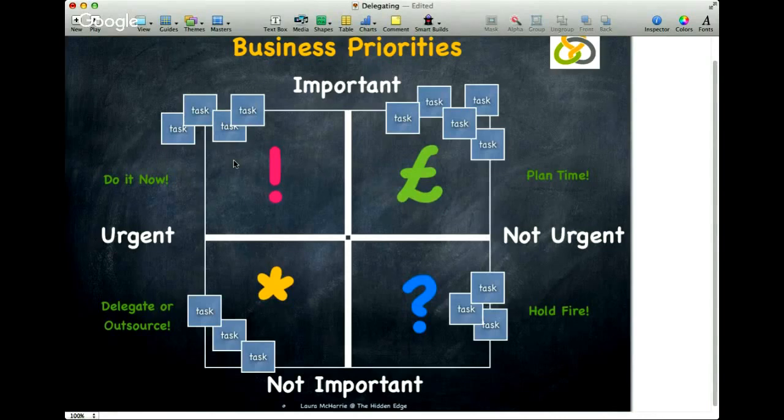And as mentioned previously, the question marks box, well, that's what I call hold fire. Let's not do anything with it right just now, but there may come a time where actually it moves into the important but not urgent box.